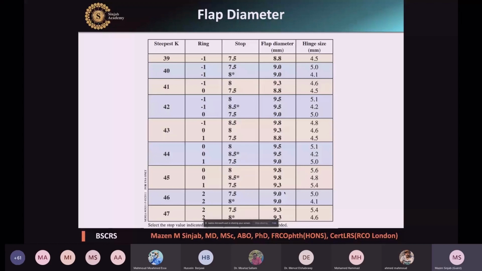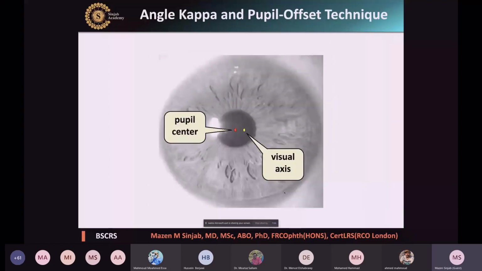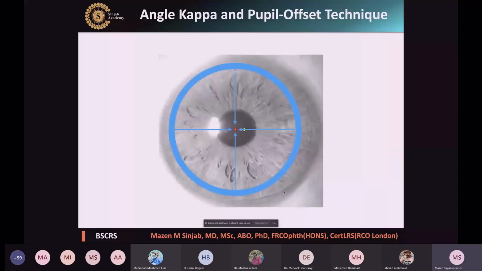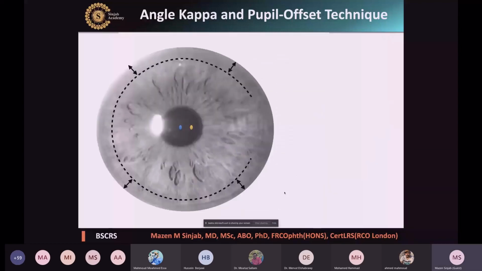But if we are planning to centralize the laser profile with the visual axis, as I mentioned before, and at the same time we are not centralizing the flap with the visual axis, then there will be a complication. Why?